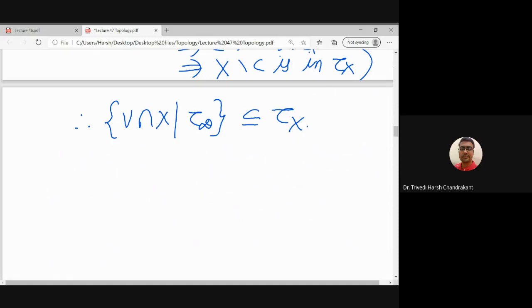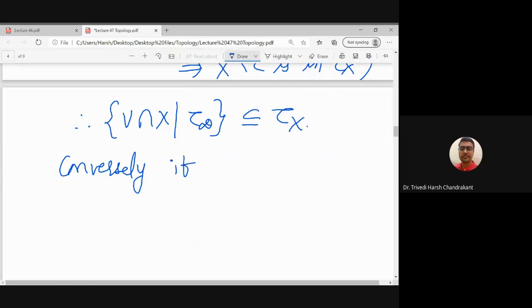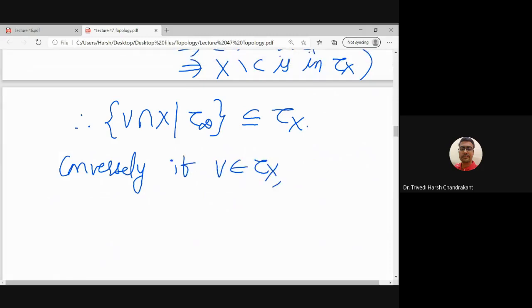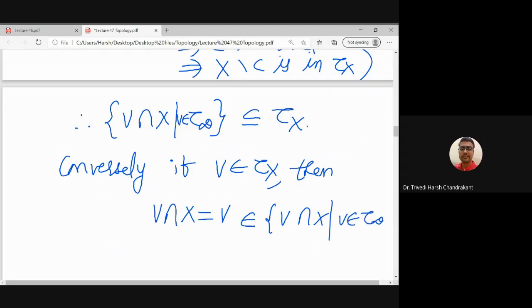And then the converse is anyway true, that we have already seen in the type 1 case, that conversely if we take any element V of tau X, then V intersection X is V itself. So it is anyway in this collection. Right.